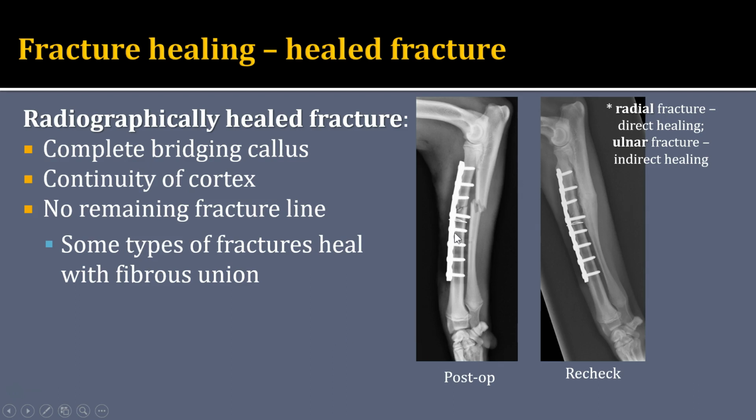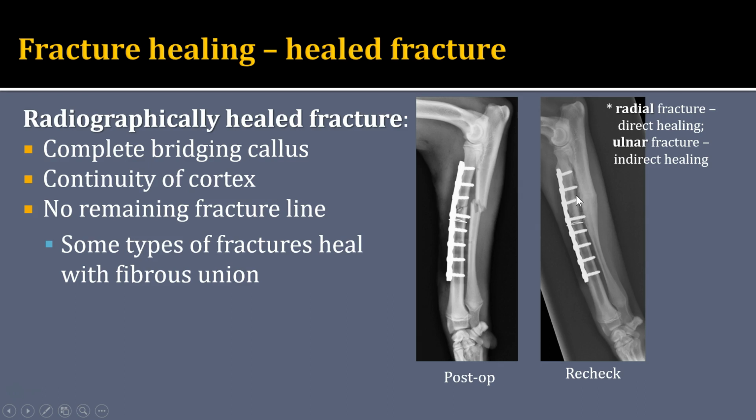So here's a postoperative radiograph of a radial fracture in this dog that was stabilized with a plate and screws and a cerclage wire, a proximal to mid diaphyseal fracture here. Ulnar fracture as well. When we look at the recheck, I have barely any visibility of the fracture line.